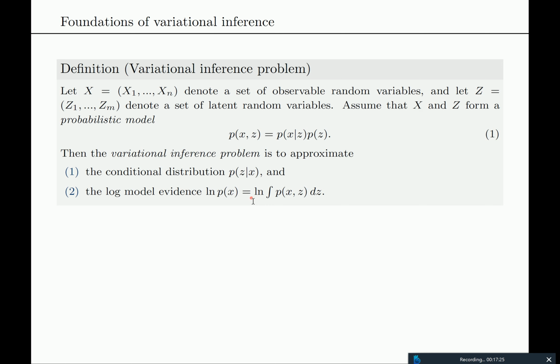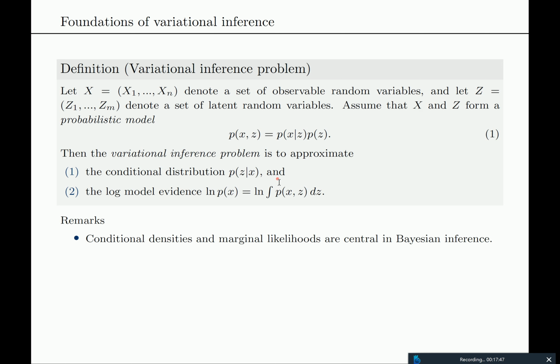Why do I call it variational inference problem here and not Bayesian problem? I don't know. I just want to make it important. Essentially, variational inference addresses Bayesian inference, both posterior evaluation and data marginal evaluation. And of course, you can also compute other things from these.